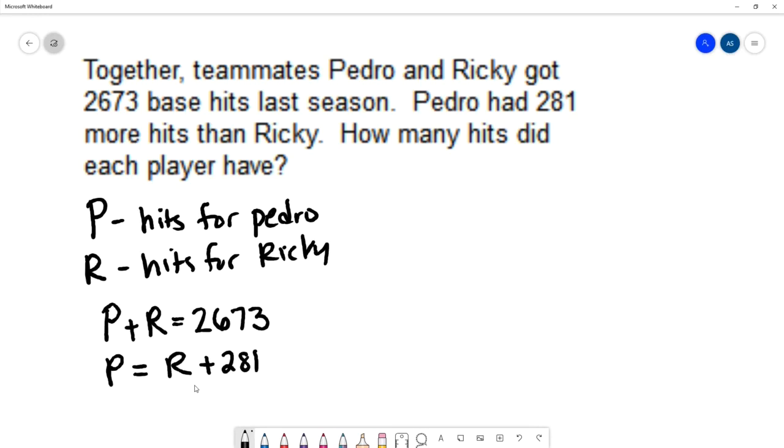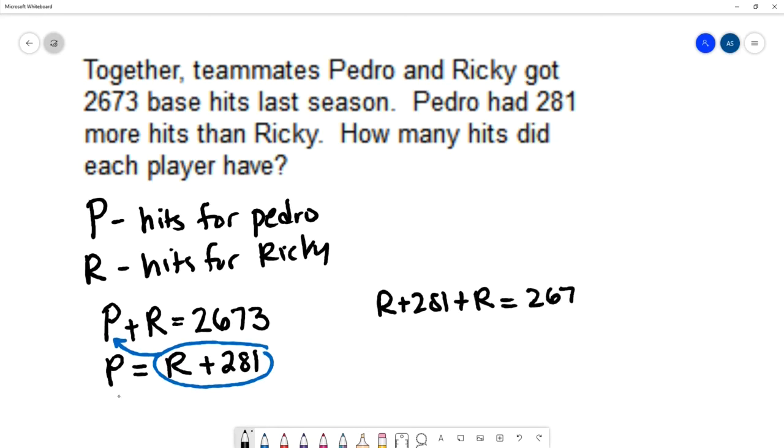You can solve this with substitution or elimination, but since the second equation has P equals, I'm going to use the substitution method. We're going to substitute this into the other equation. That gives R plus 281 plus R equals 2,673.